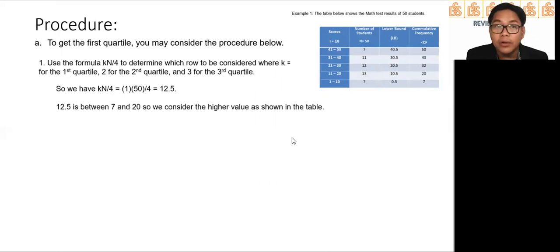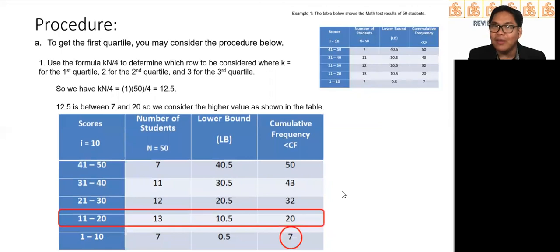So what now? How can you use that data? That 12.5 is between 7 and 20. Okay, we said here that we consider the higher value as shown in this table.